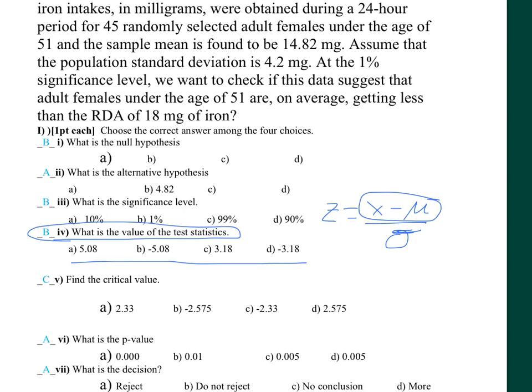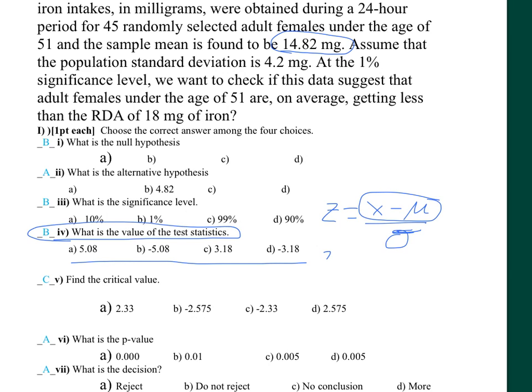What they're saying is that the claim is that women are getting less than the requirement, which is the 18 milligrams of iron, and they're saying that the sample mean from a sample is 14.82. So you're comparing this sample to the population, and their claim is that 18 is kind of the cutoff of the recommended, and that would be our mu in this case.